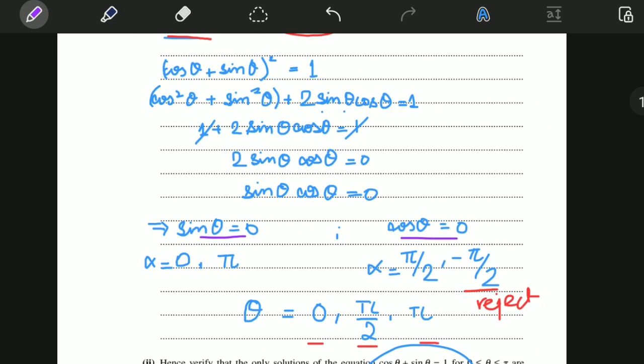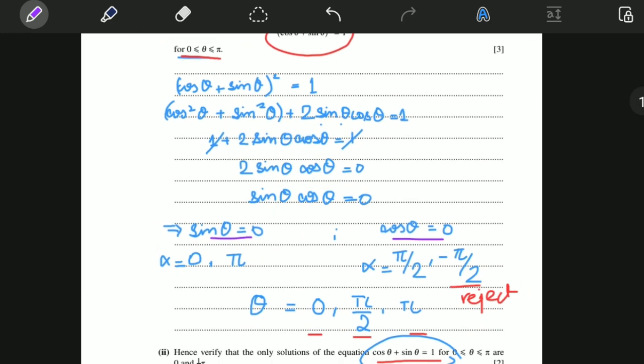So putting both equal to 0 and considering your given range from 0 to pi, that means in the first two quadrants. Sine theta is 0 at 0 and pi, so we don't need to find the angle, we just know it from the table as well.